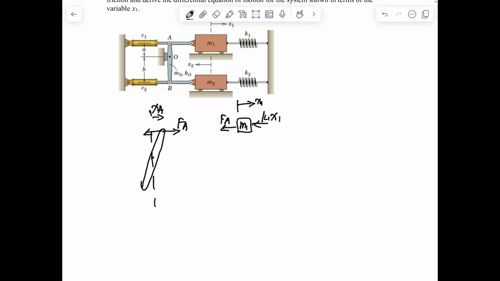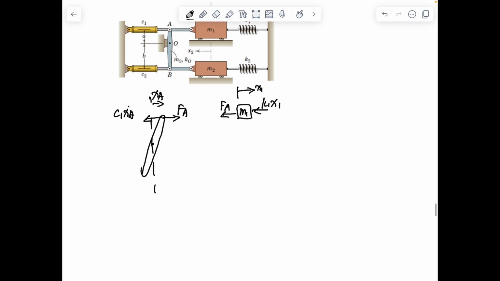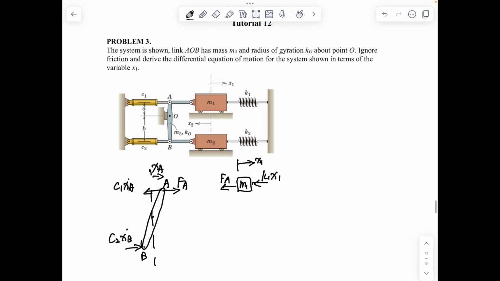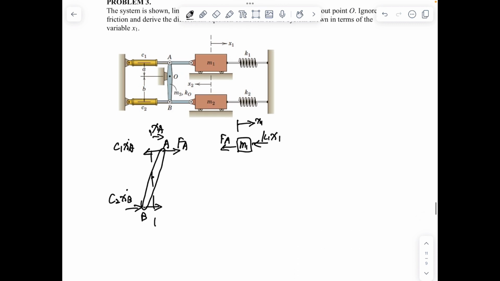And also it has the force from the damper, we call it c1 xa dot. And for point B, we have the force from the damper, we call it c2 xb dot. And also it has force Fb.